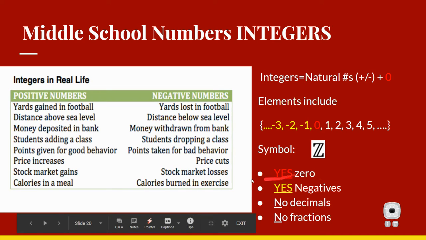And now they also include negatives, but integers do not include decimals or fractions. There are never any pieces or parts of integers. Integers are, not mathematically correct to say it, but really kind of like positive and negative whole numbers.